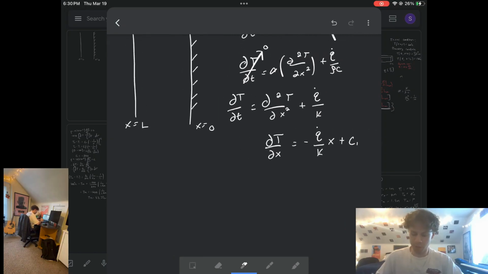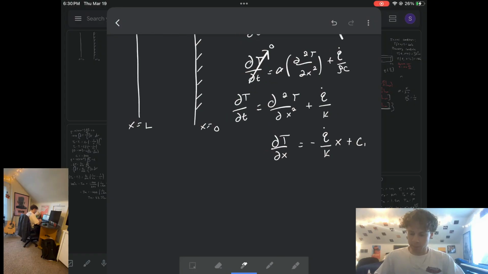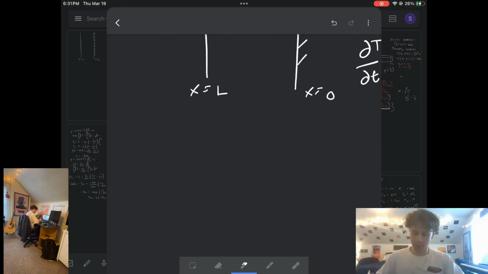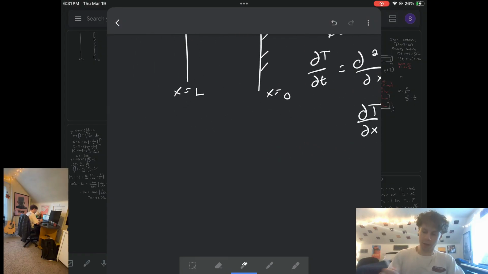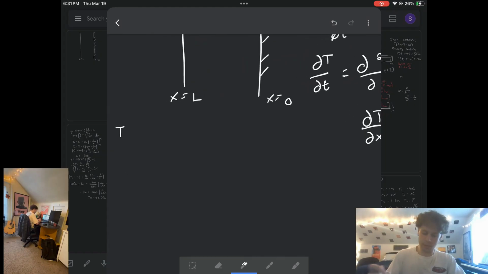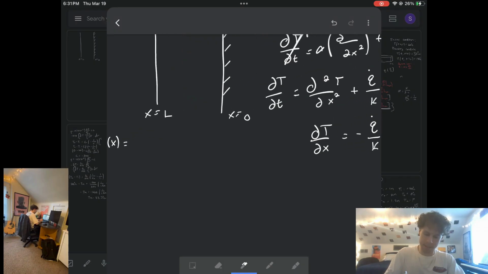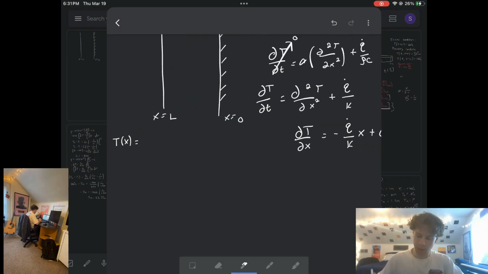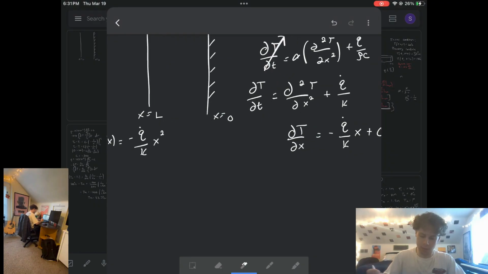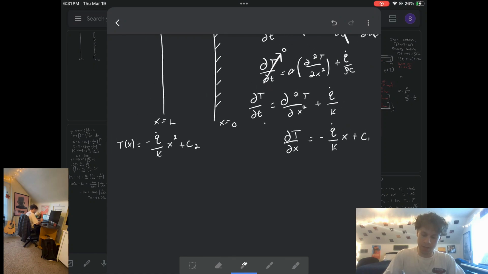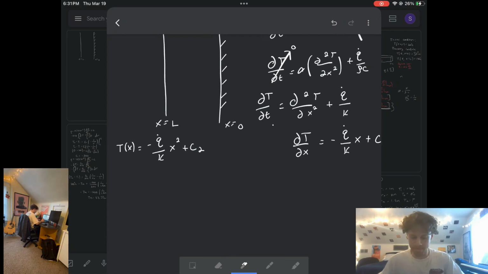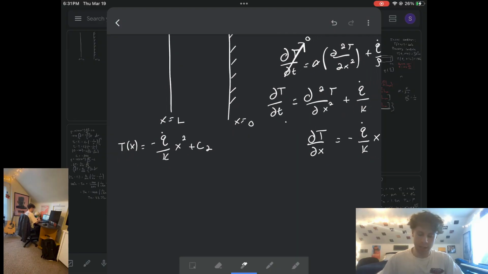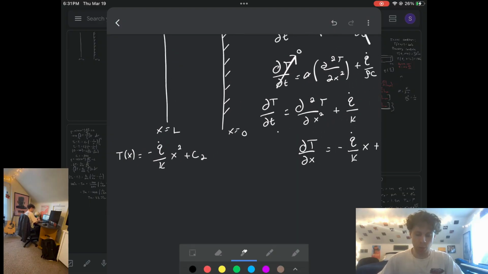Okay, so to take a second integral, we'll get our temperature T(x) is equal to our negative heat generation divided by K times x squared plus C2.